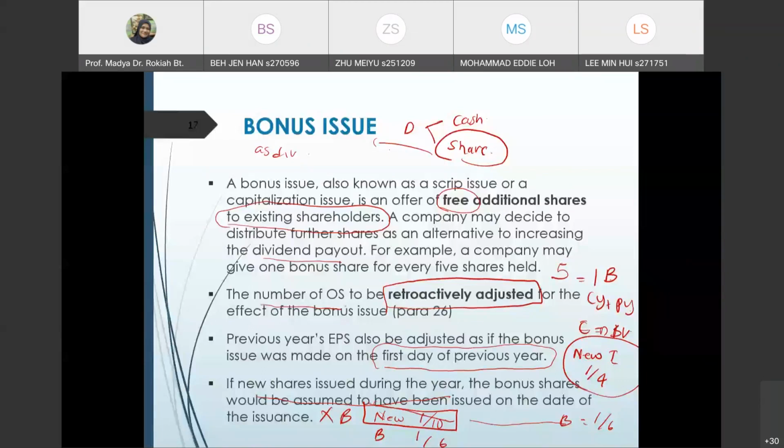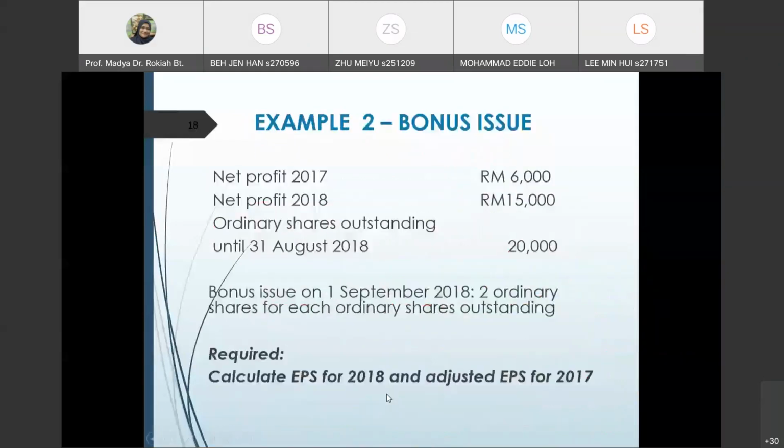Okay, we try to look at example 2 here. The reporting years we have here are year 2017 and year 2018. Year 2018 is the current year, and year 2017 is the prior year. The net profit in 2017 is 6, and the net profit in the year 2018 is 15.